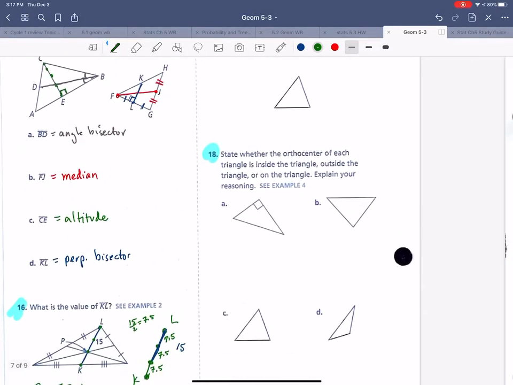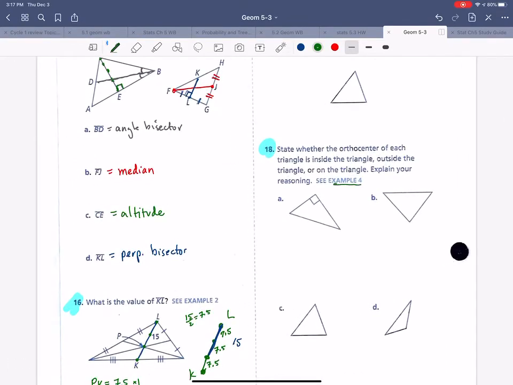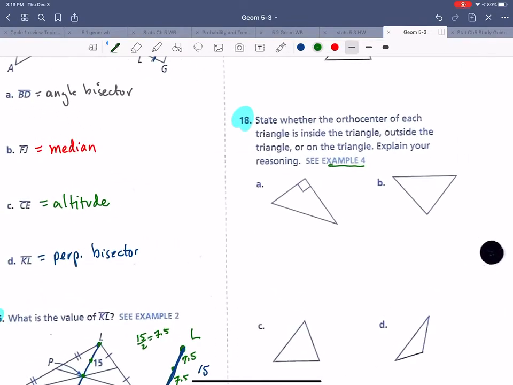Okay, now this one's like example 4. State whether the orthocenter of each triangle is inside, outside, or on. Okay, so our notes say this is a right triangle, so it's going to land on the triangle at the 90-degree angle, right?